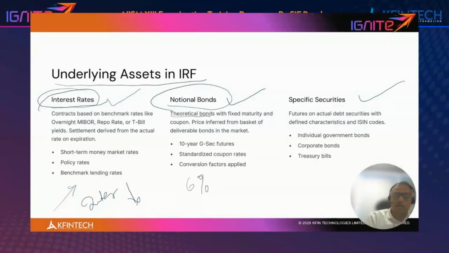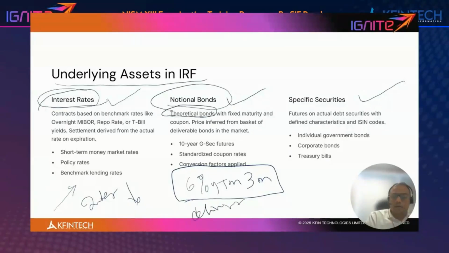Suppose I want a 6% YTM 3-month bond, and such a bond does not exist in the market. So a theoretical bond trading happens, and at the time of delivery, from the basket of deliverable bonds, a bond is selected which is very close to the actual contract. That happens with the help of a conversion factor, which we'll see in the subsequent slide.